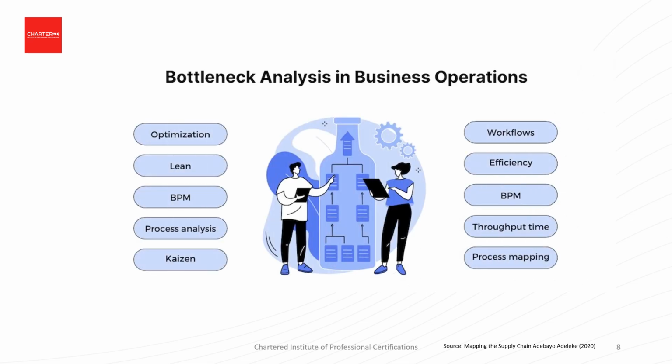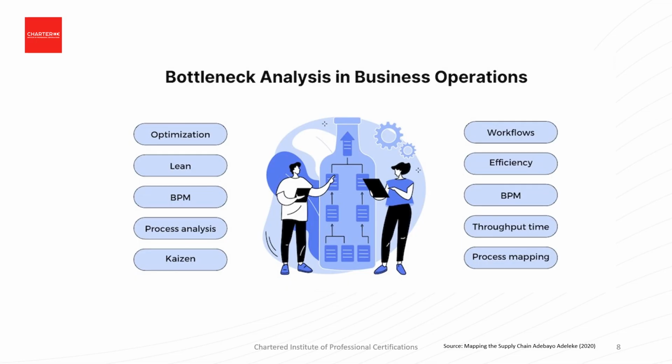To address bottlenecks, it is important to identify their root causes and implement appropriate measures. This can involve improving capacity through investments in infrastructure or technology, enhancing maintenance practices to prevent equipment breakdowns, optimizing staffing levels to match demand, and also implementing better planning and coordination strategies.